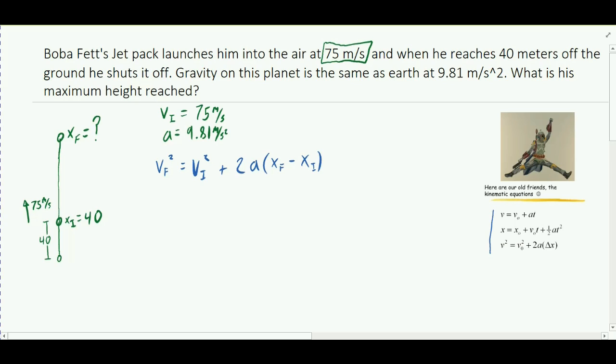All right, so what do we got here? Our final velocity is what? What's our velocity right here? 0. That's right. 0 squared is 0. Our initial velocity, starting at our initial position, which is 40 meters off the ground, is 75 meters per second.